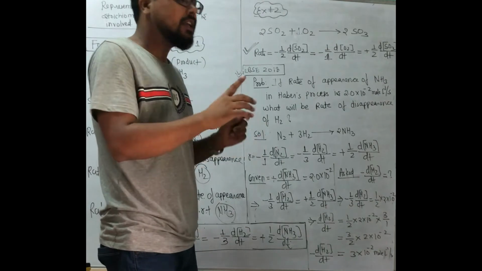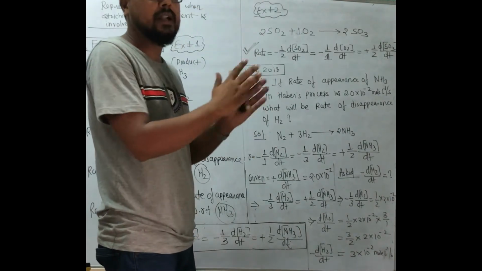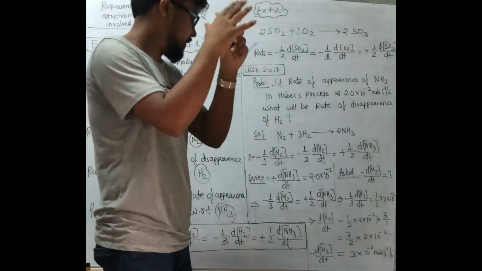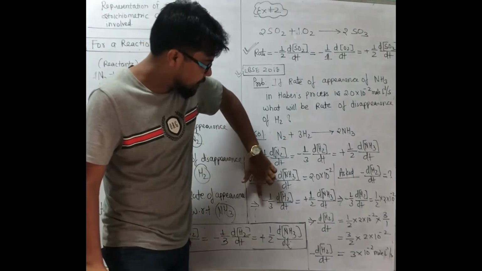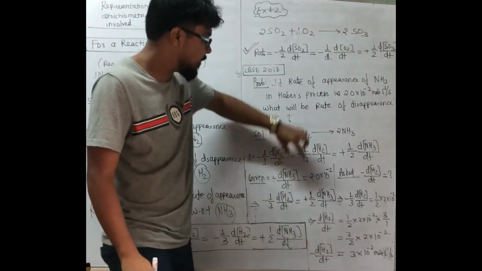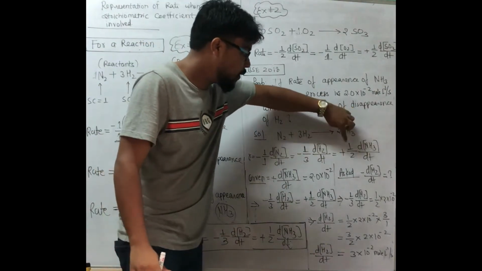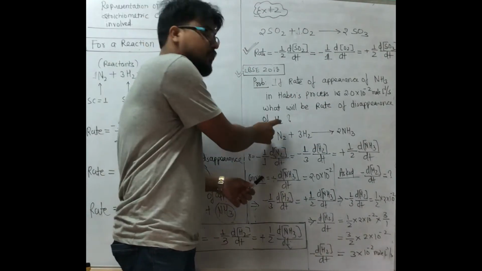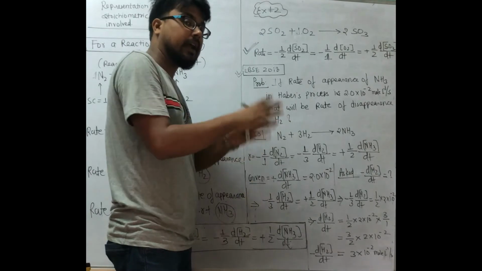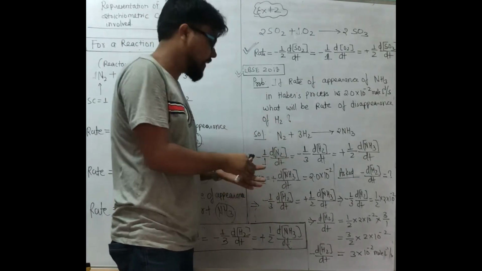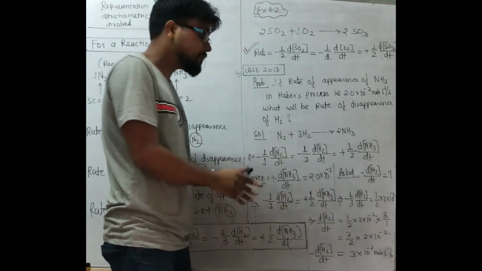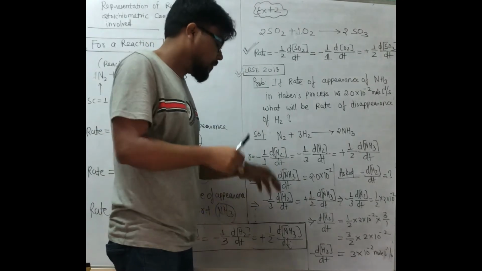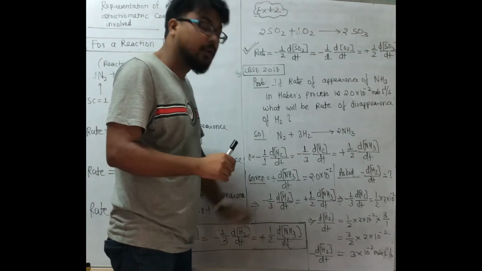So you have to equate these parameters together. We can write minus 1 by 3 d[H2]/dt equal to plus 1 by 2 d[NH3]/dt. Suppose in this question N2 was asked, then you would put the value of nitrogen.